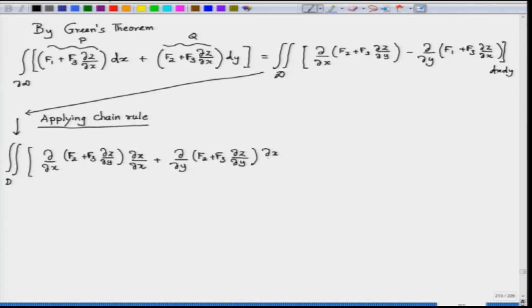So this is with respect to x, del y del x. This whole chain rule is with respect to x. I am doing this knowing that z is connected through x and y. Basically I am doing the u v thing, where u is x and v is y.